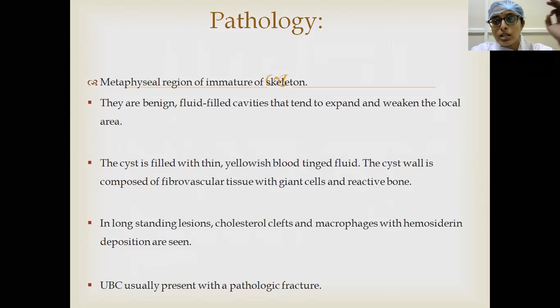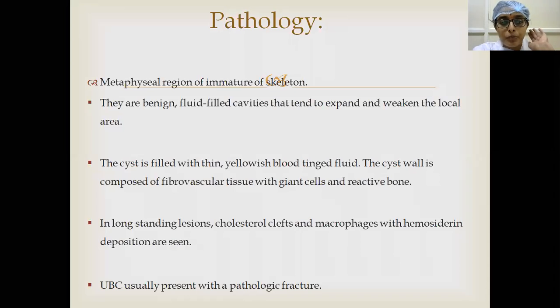When you aspirate the cyst, you will find thin yellowish fluid which is sometimes blood tinged. The cyst wall here is composed of fibrovascular tissue with giant cells and reactive bone. Please remember the fluid here is thin, usually yellowish in color, sometimes blood tinged.